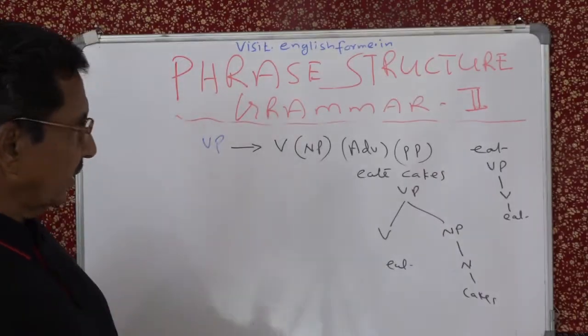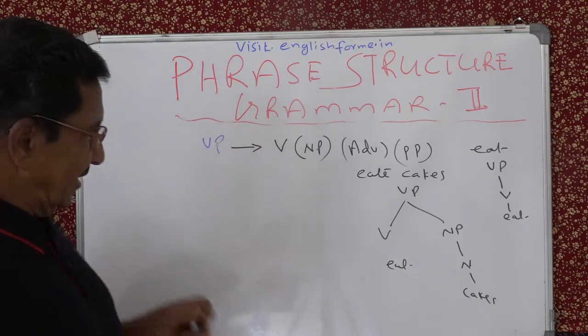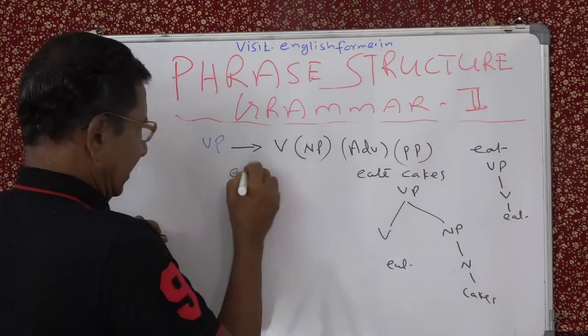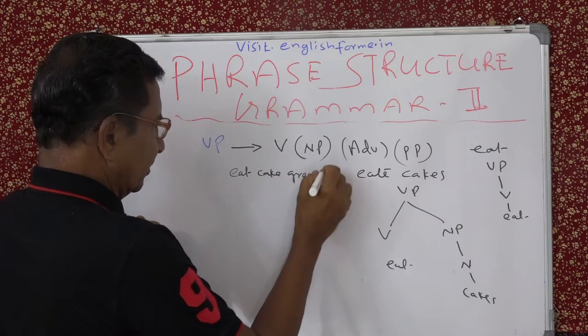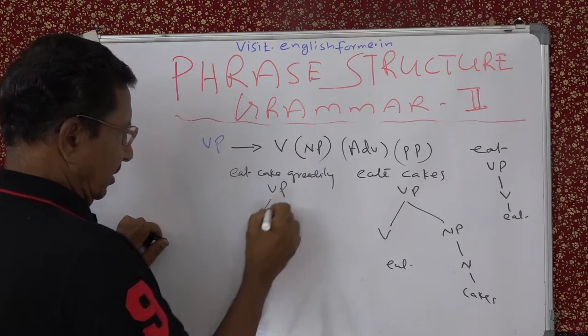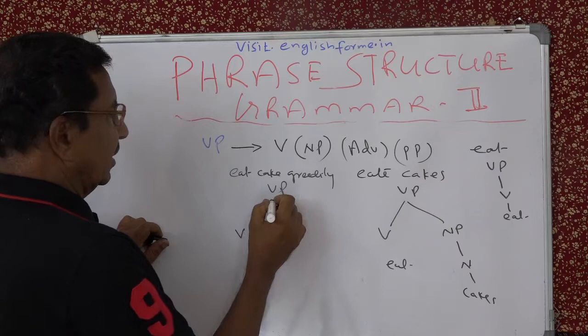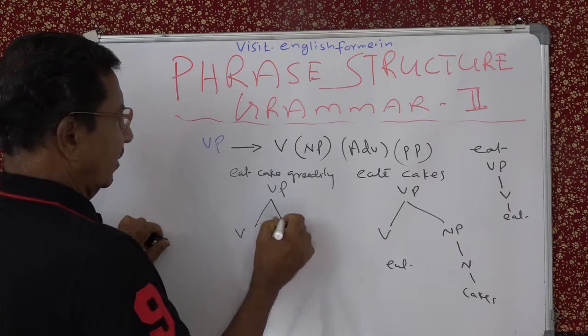Now you have to say, "eat cake greedily." Okay. So you have VP and then you have got the verb, and cake is a noun or an NP.